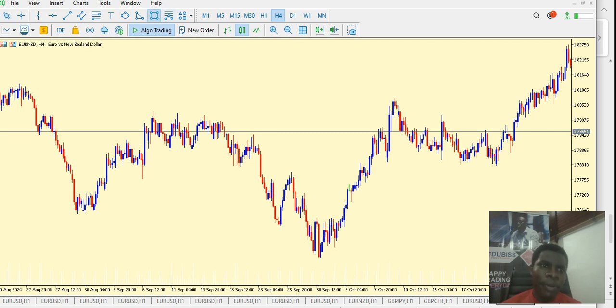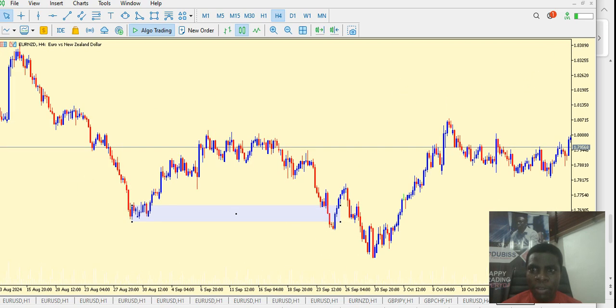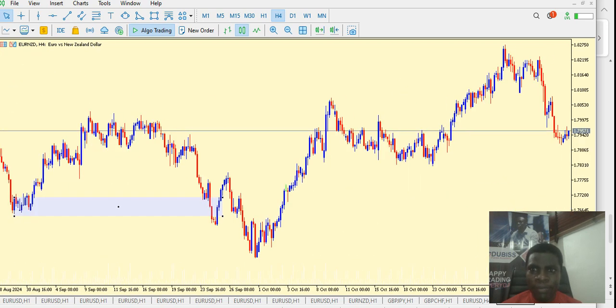For example, remember we talked about accumulation, where price accumulates. Although this one may have hit stop loss, let's go further. I want to show you something. Look at this zone, look at this point here.